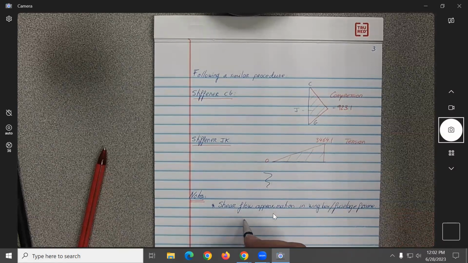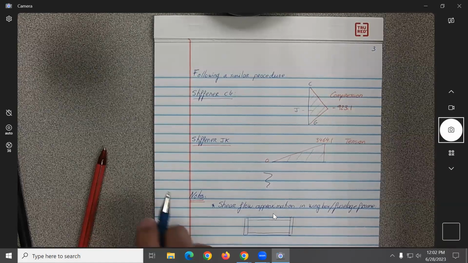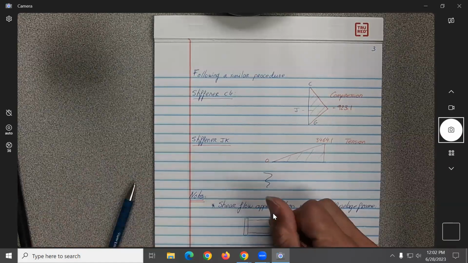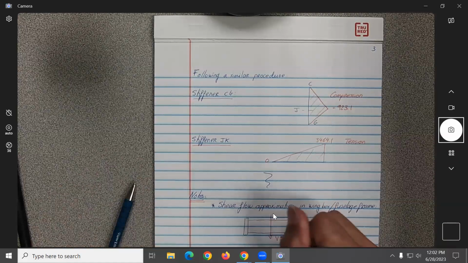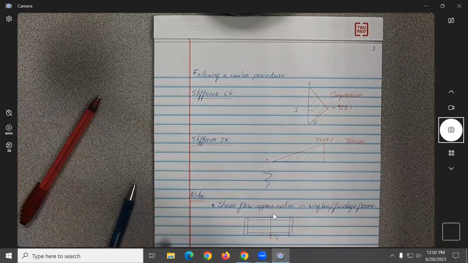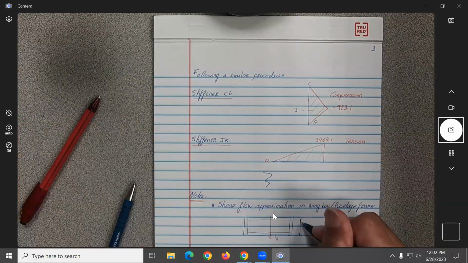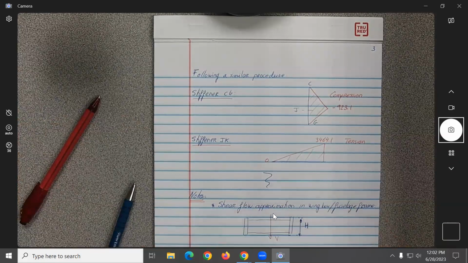Okay, so let's say generally when it's easy, you do this. That's the one we just did. Let's say there's a force over here, V, and let's say the depth of our wing box or panel is H.